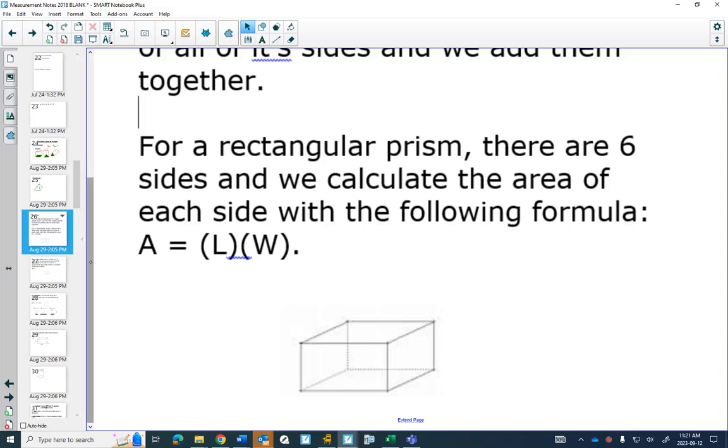Let's make up some numbers here and actually do it. Let's say that this side is 3, this side is 5, and the height is 4. And we want to find the surface area.